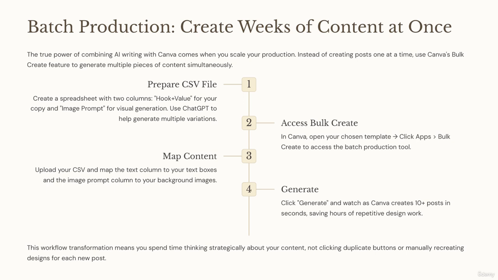You'll then map those text and image fields to your Canva design, and just like that, hit Generate. Canva builds 10 polished visuals in seconds. It's efficient, it's fast, and most importantly, it shifts your effort from repetitive clicking to strategic thinking. You're not just designing, you're producing content at scale.